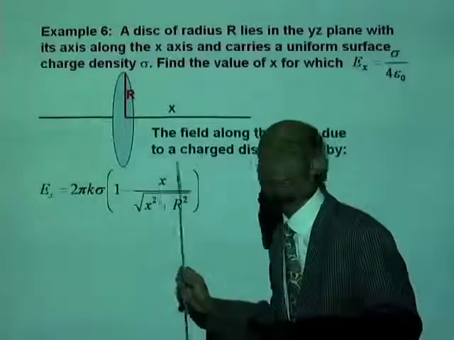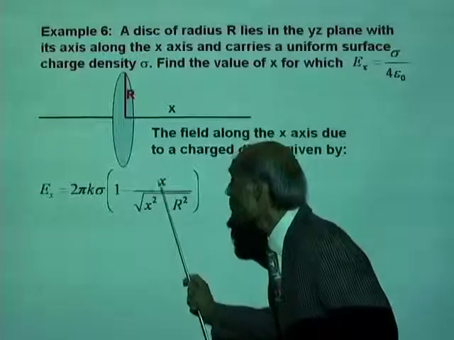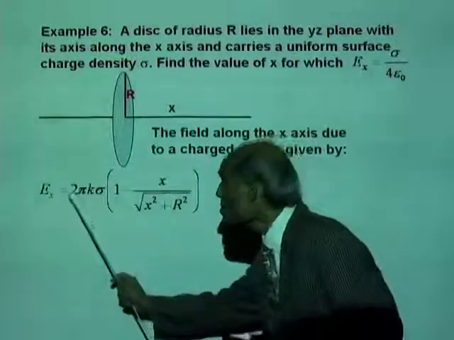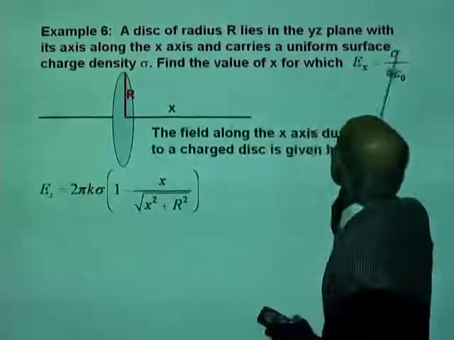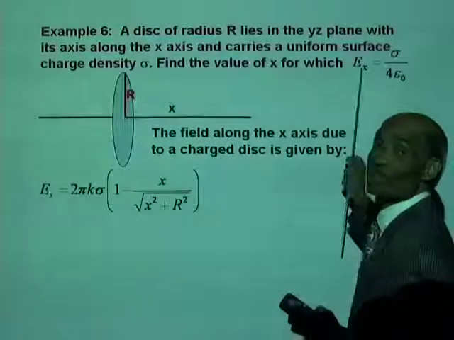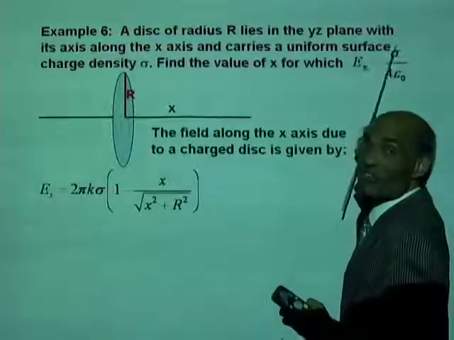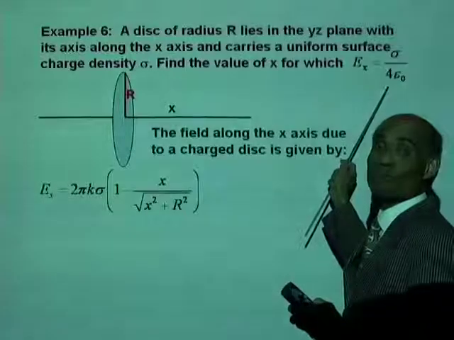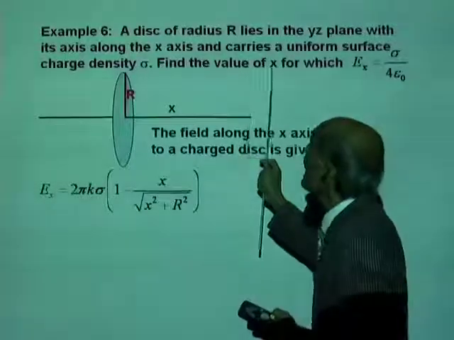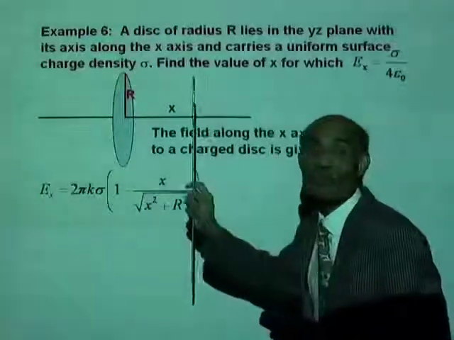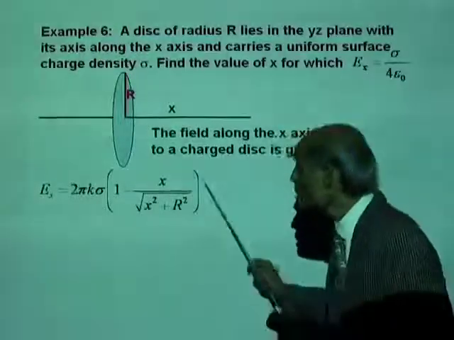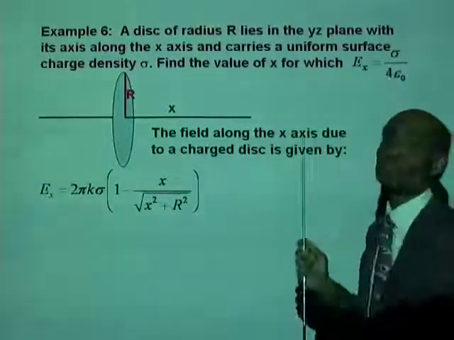And we are told to find the value of x when this quantity will be equal to sigma over 4 epsilon naught.